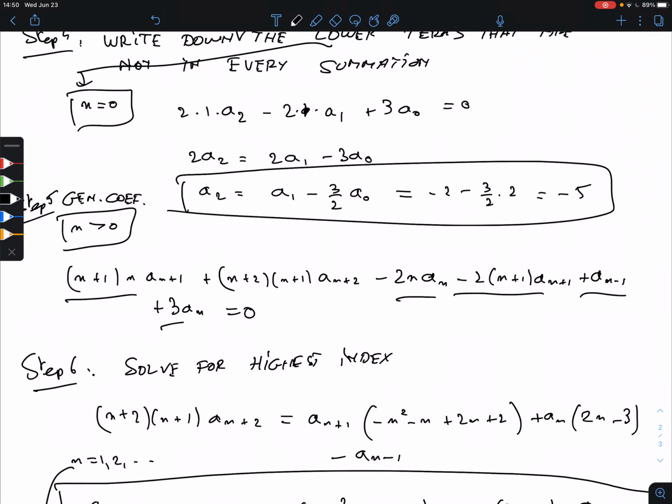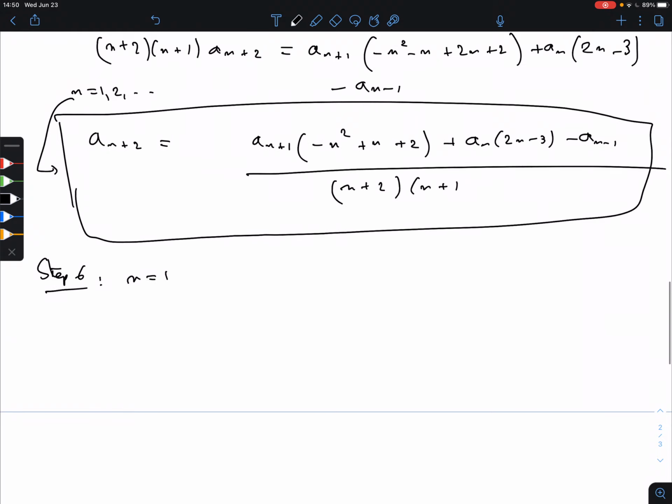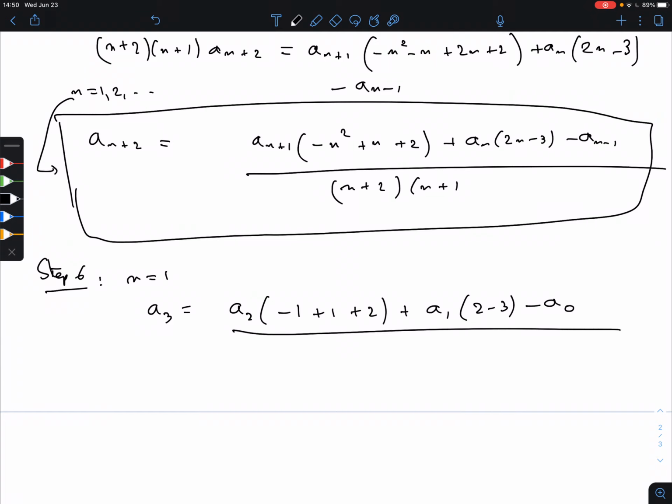Here we have a_2. So the next one we calculate, so step 6 now, I guess, is start plugging in values for n, starting from the first allowable one. So if I plug in n is 1, I get a_3, and so a_3 is then equal to a_2 times (minus 1 plus 1 plus 2) plus a_1 times (2 minus 3) minus a_0, divided by 3 times 2.